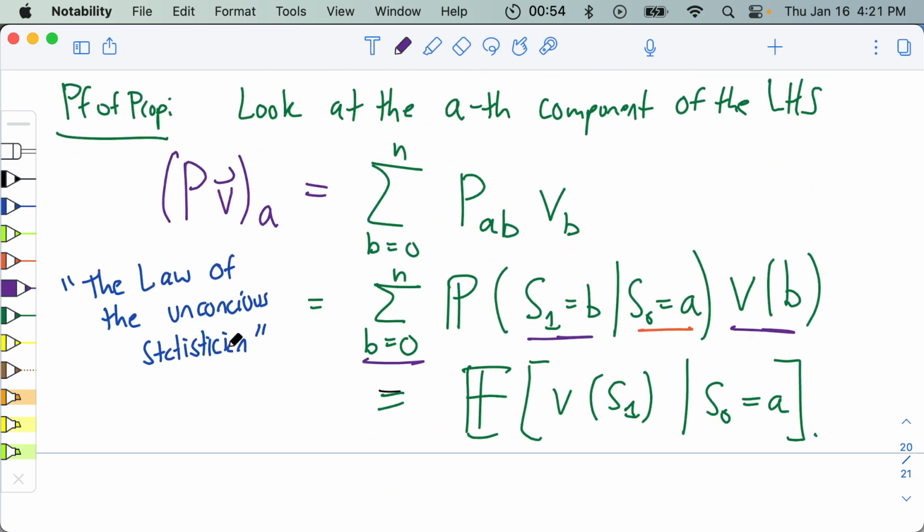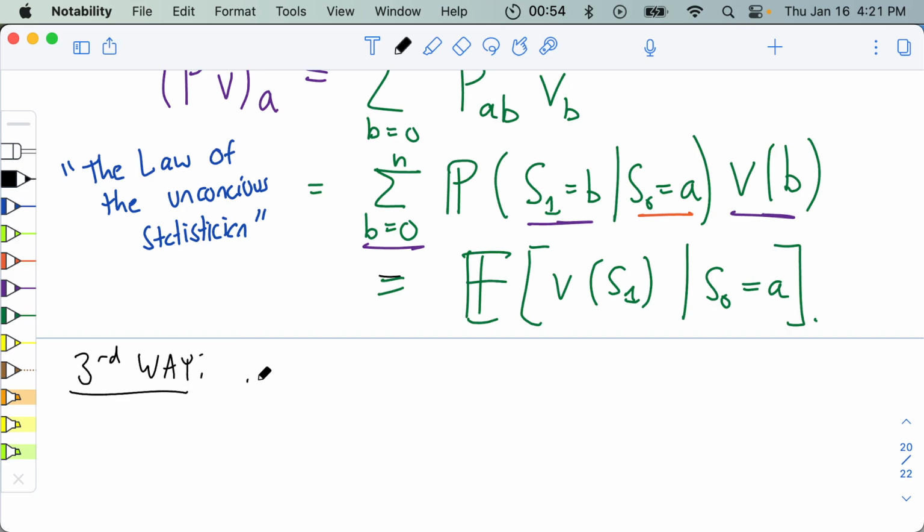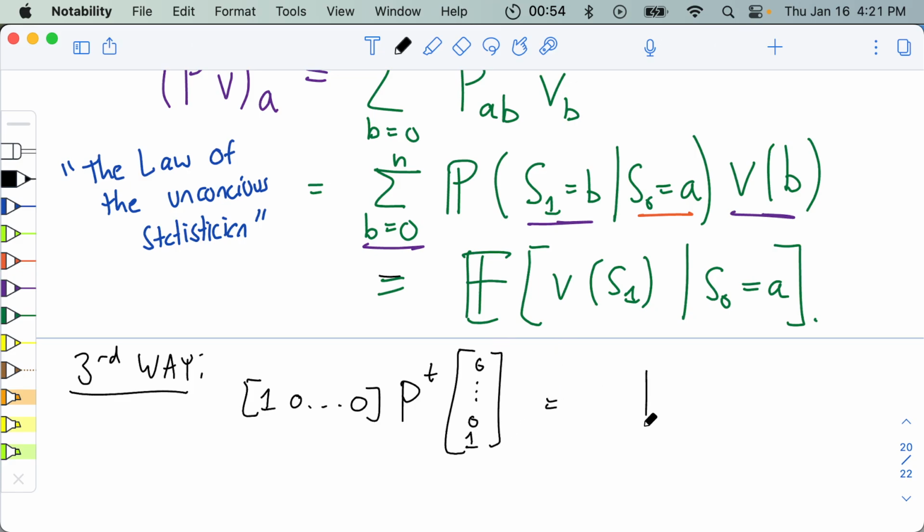So here's the third way to think about it, and this is also useful. Sometimes if you have 1, 0, 0, 0 times P to the T times 0, 0, 0, 0, 1, this is actually one of the entries of the matrix P. It's some entry, the question mark entry.